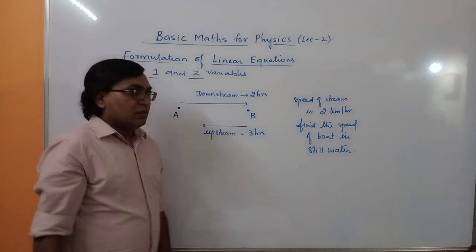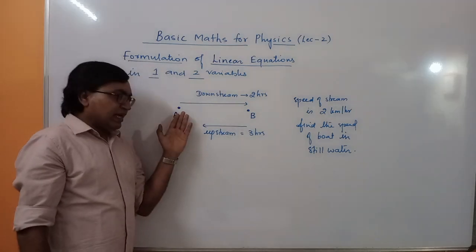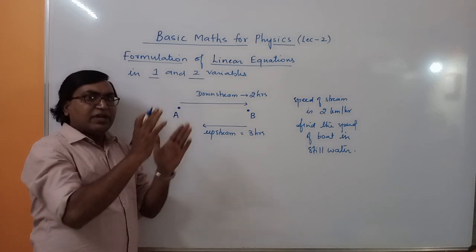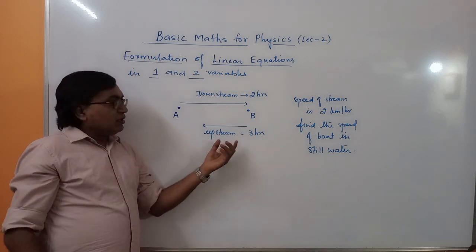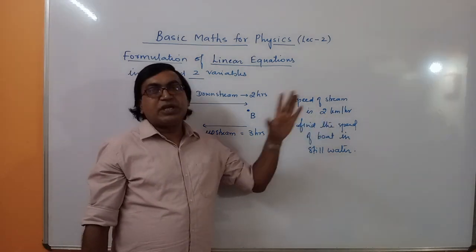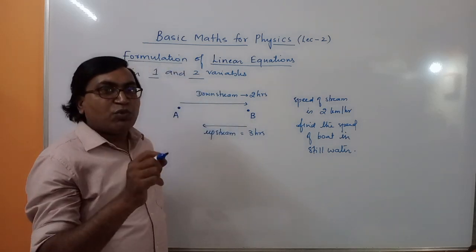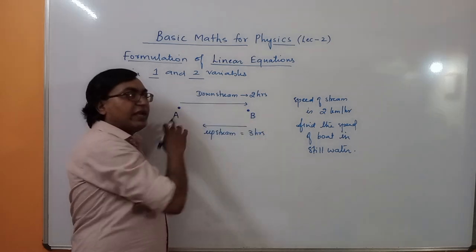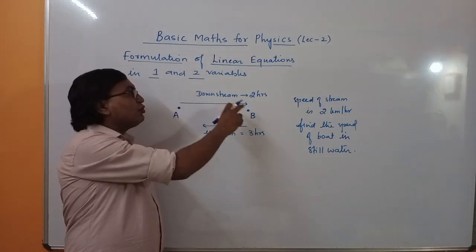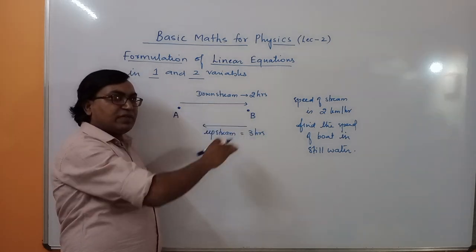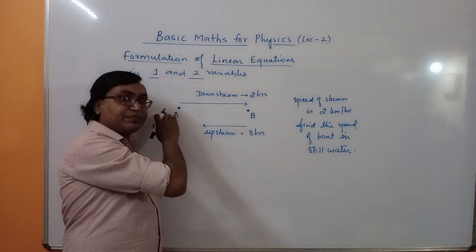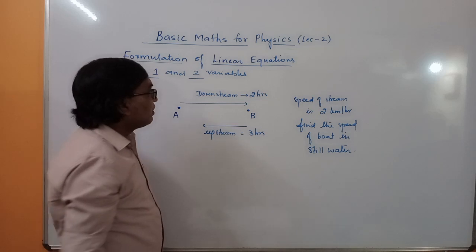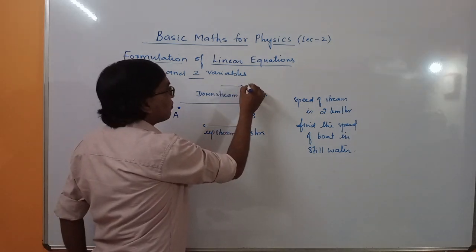So here there is a boat moving in a river. The river speed is 2 km per hour. Now this boat will travel from point A to B and B to A. If A to B is downstream, downstream means along the direction of river flow.